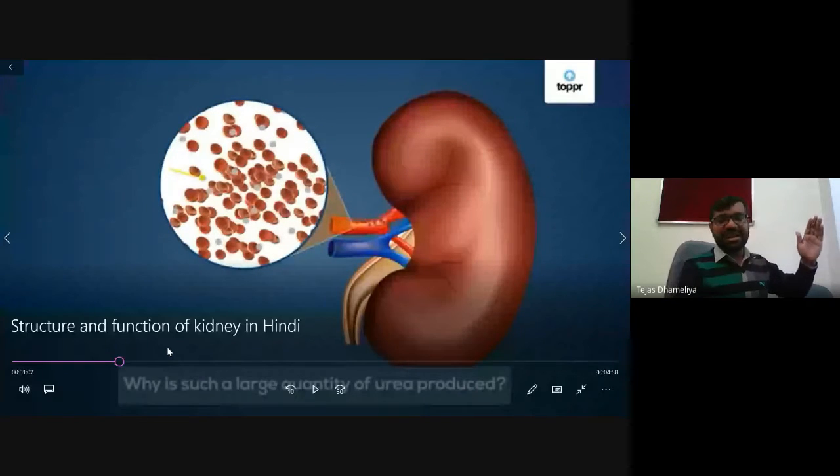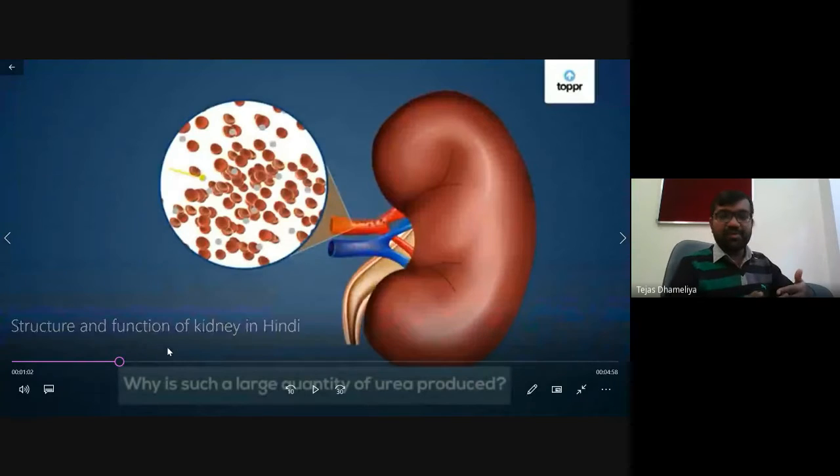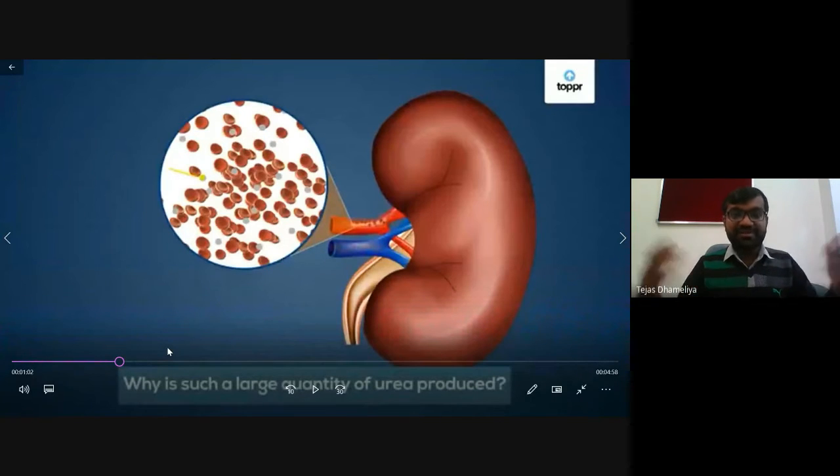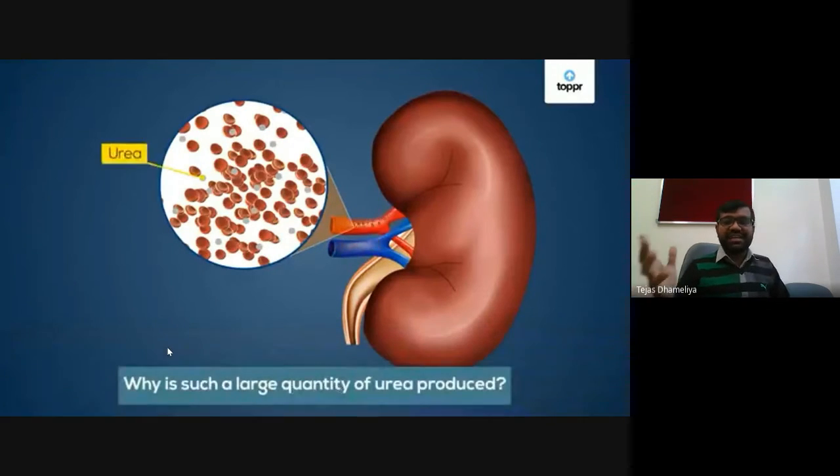Because we are consuming carbohydrates and proteins, which are made up of amino acids, their metabolism produces ammonia, which will then make what is called urea. Large quantities of blood vessels along with red blood cells contain these kinds of constituents, right?